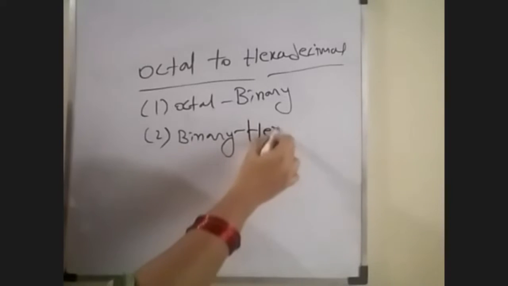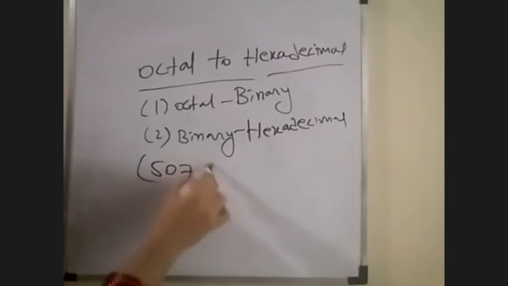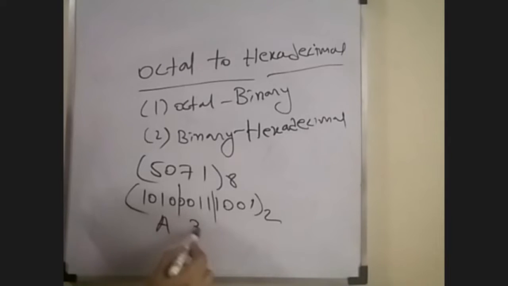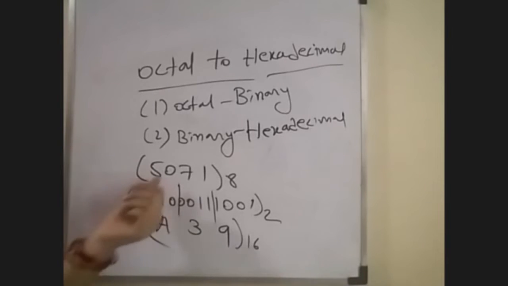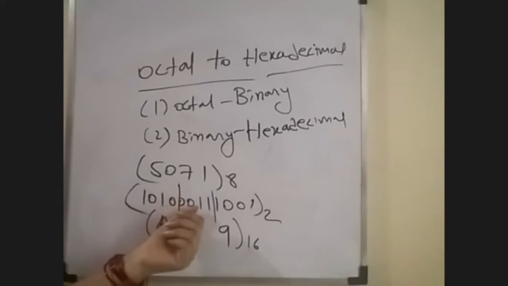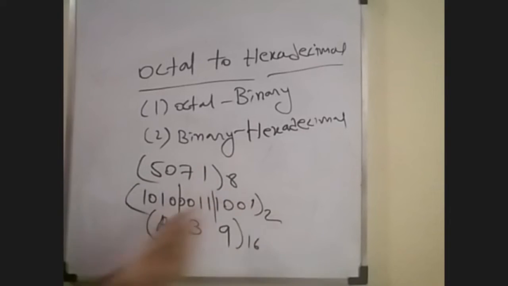For example, 5071 is the octal number and A39 is the hexadecimal number. First 5 is 101, next 0 means 000, 7 means 111 and 1 means 001.